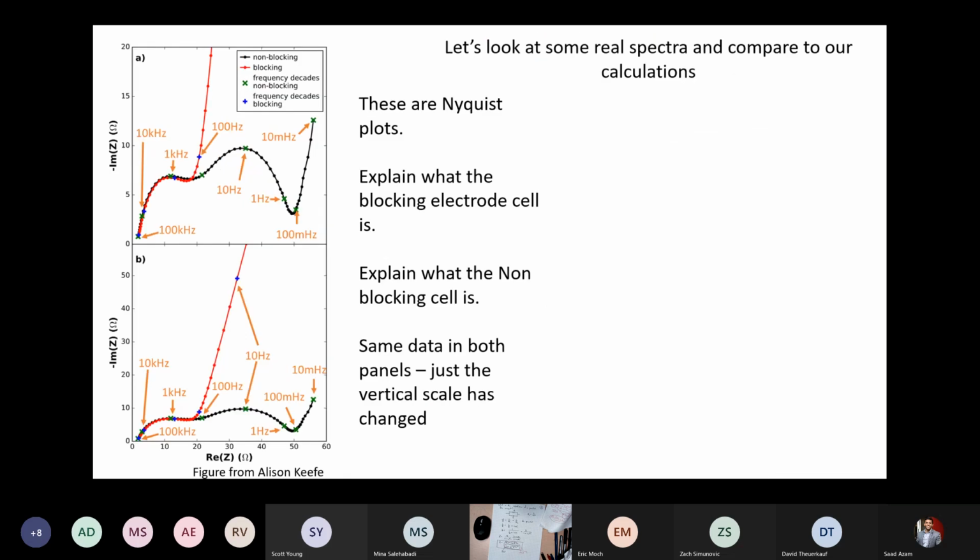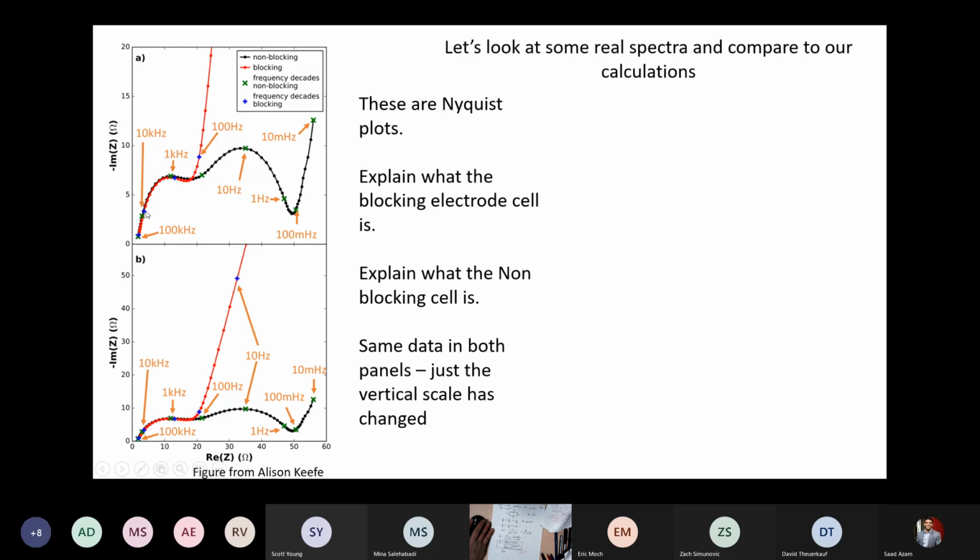All right, so now it's time to take a look at some real spectra and compare to calculations that we can make. So these are impedance spectra, and what they are is a plot of the imaginary part of the impedance, which is measured, by the way, versus the real part of the impedance at a whole bunch of frequencies from 100 kilohertz down to 10 millihertz.